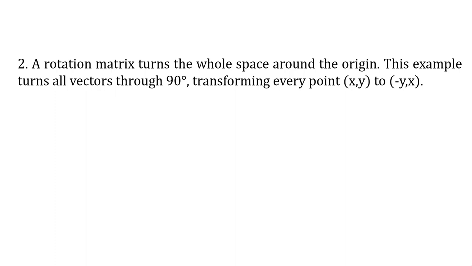Alright, the next property. A rotational matrix turns the whole space around the origin. This example turns all the vectors through 90 degrees, transforming every point (x, y) to (minus y, x). Consider here a matrix A, [0 -1; 1 0].